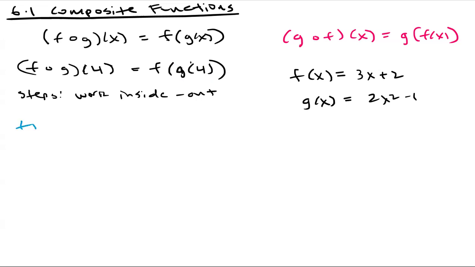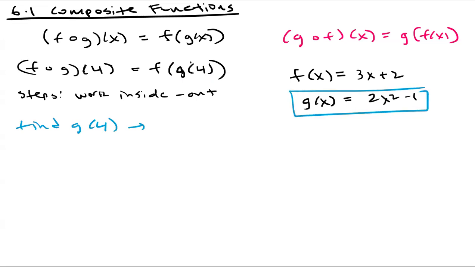So I have g of x here. All I'm doing is putting 4 into g of x. So this is going to be g of 4 equals 2, and then I'm going to plug in 4 in there. So that's going to be 4 squared minus 1.